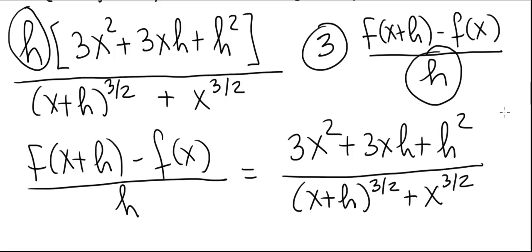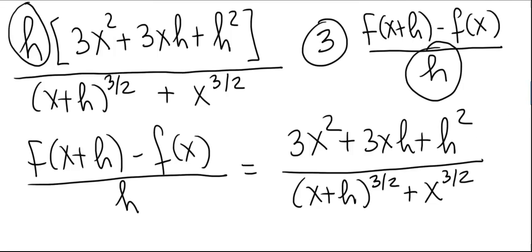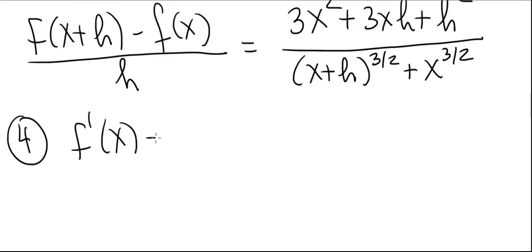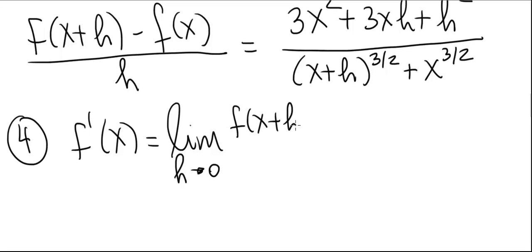Let's go to the final step, step number 4, where we compute the derivative. So step number 4 is f prime of x equals the limit as h approaches 0 of f of x plus h minus f of x, divided by h.